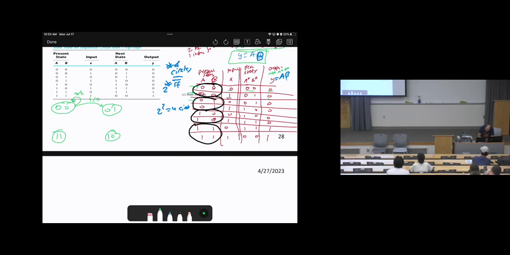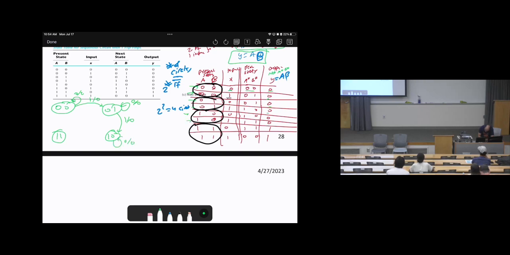Here let's go to 0 1. If the input is 0, it will remain at 0 1, and the output is 0. If the input is 1, it will go to 1 0, and the output is 0. Then at 1 0, if the input is 0, it will remain at 1 0, and the output is 0.